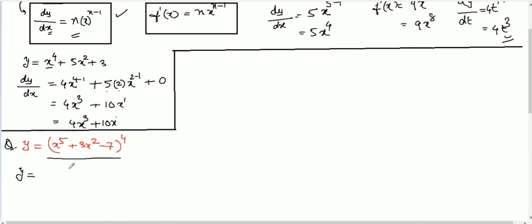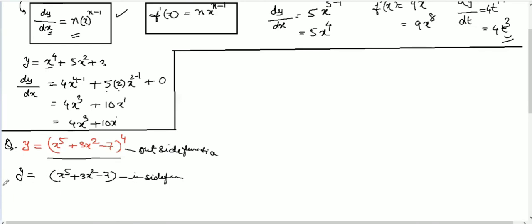Y equal to, this whole power is the outside function, and this one, x to the power 5 plus 3x square minus 7, is the inside function.